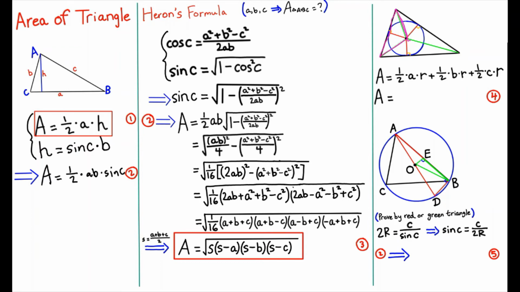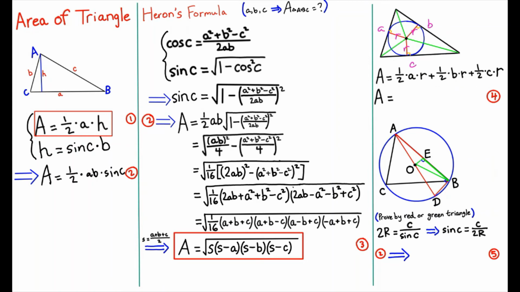1, 2, and 3. Since we can use the first formula over here to prove it, since these 3 triangles have a base of A, B, C, sorry, I forgot to write that, and have a height of R for each, that means that we can add them all together to find the area of the total triangle, leaving us with this equation over here.